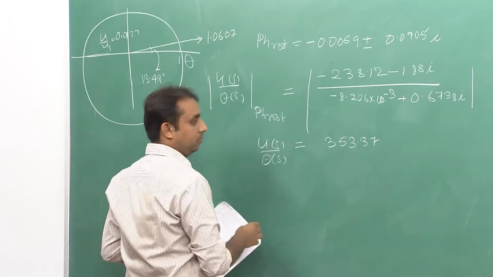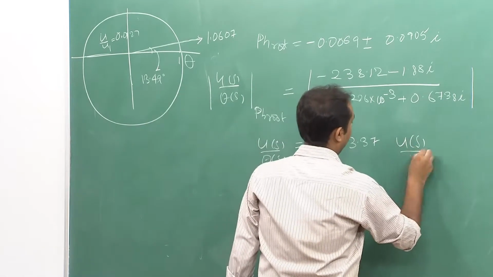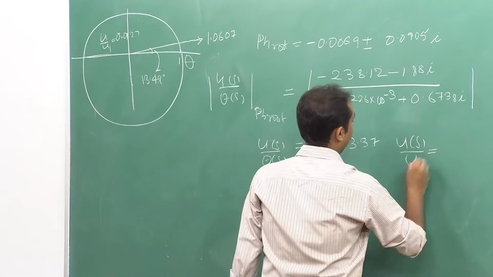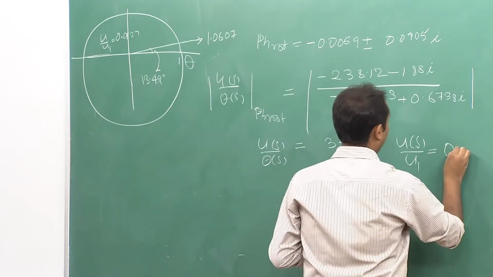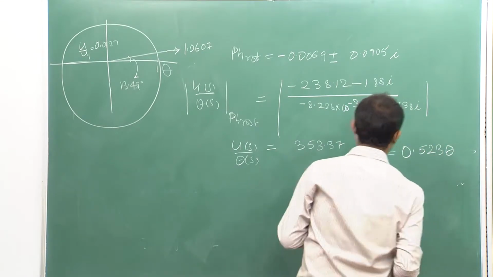Now dividing this by your initial velocity u1, u of s upon u1 in terms of theta will be 0.523 theta.